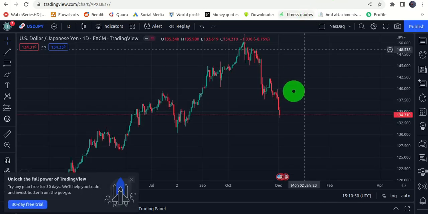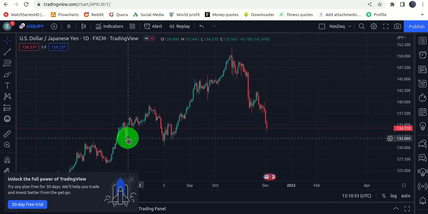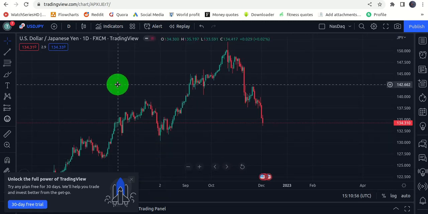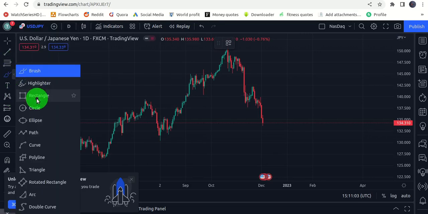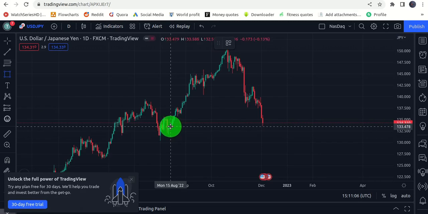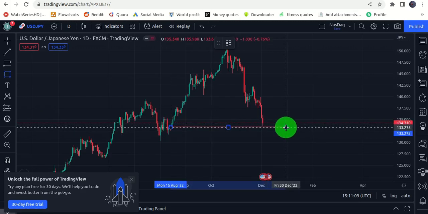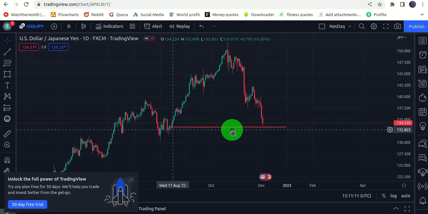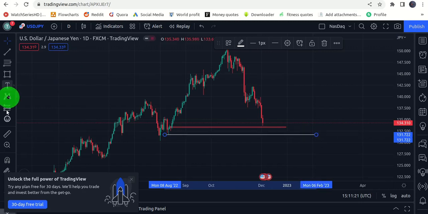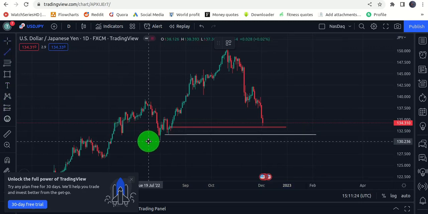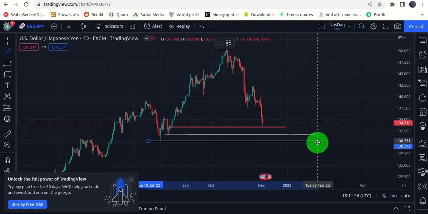So USD JPY, what do we have here? It's just a small order block here. So I'm thinking, but I don't think this one is going to hold. Thinking maybe we're coming for this liquidity right there, and another one.